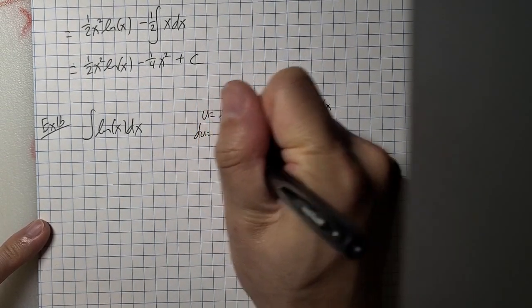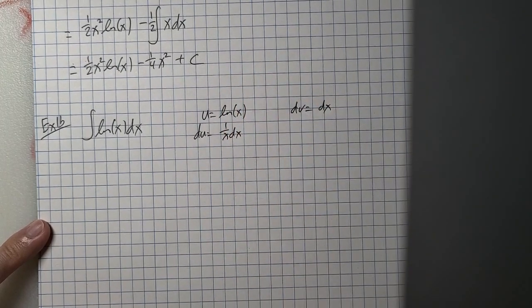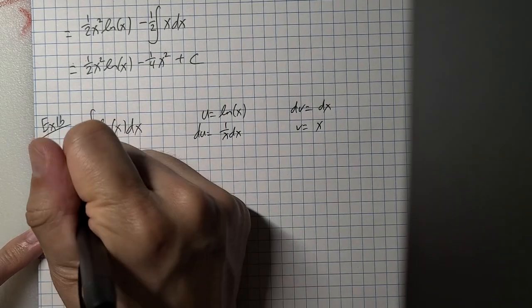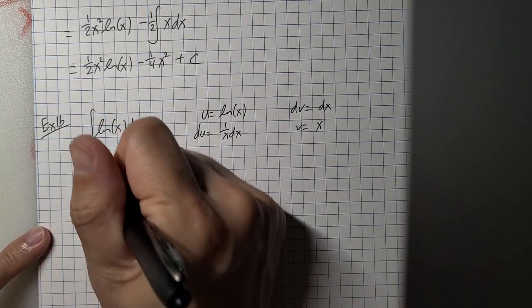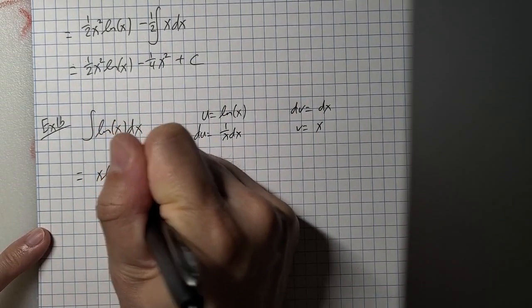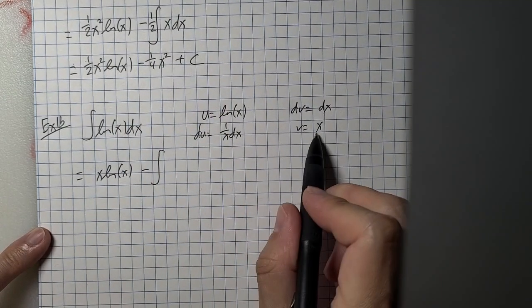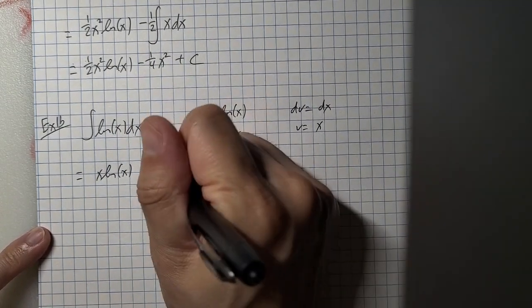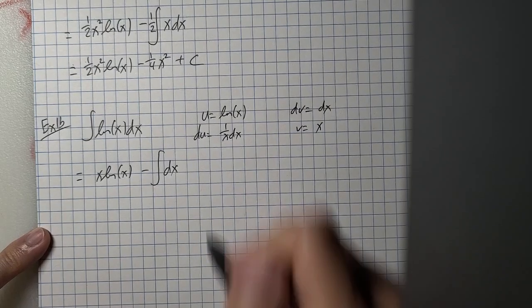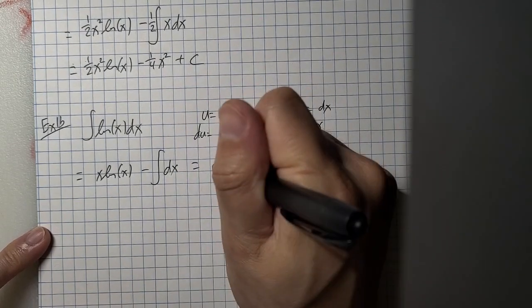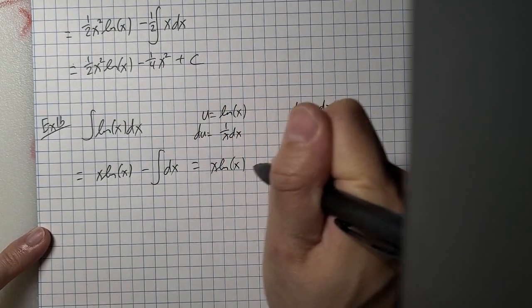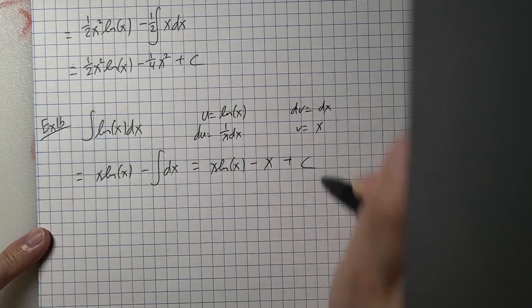So du would be 1 over x dx. v would just be x. So again, uv minus the integral of v du will be x ln x minus the integral of x times 1 over x, which is just 1, so we're left with dx. We integrate this, that's very easy: x ln x minus x plus c.